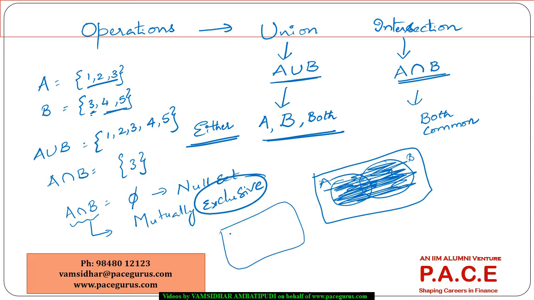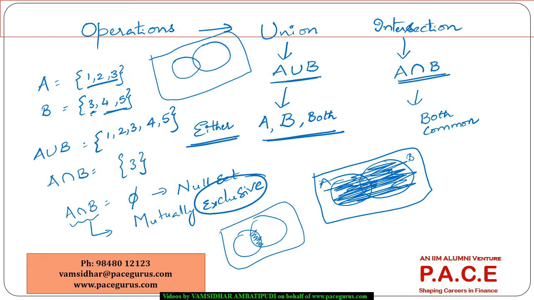But if I'm looking at A intersection B, I'm only talking about this particular part which belongs to both A and B. Going with this representation, let's say my sample space is 1, 2, 3, 4, 5, 6.